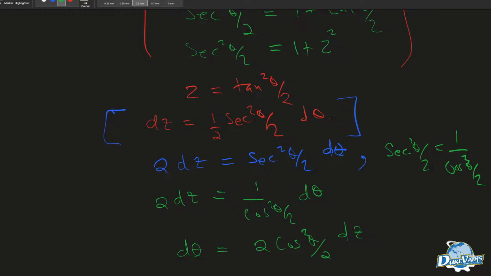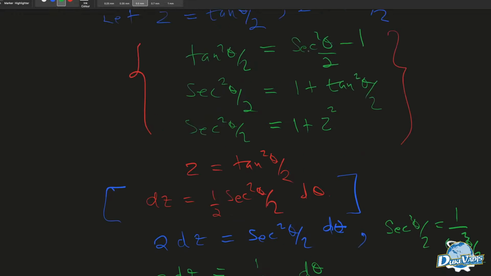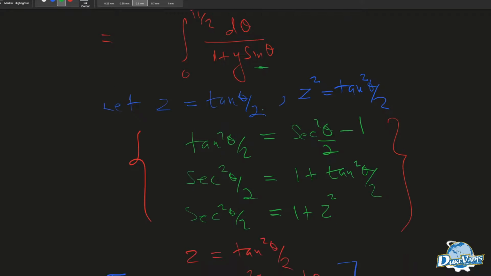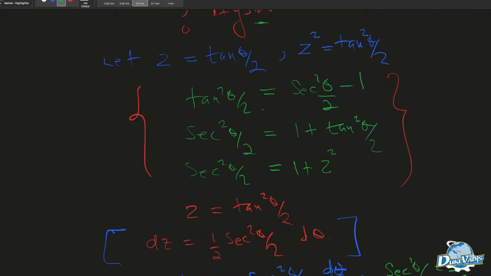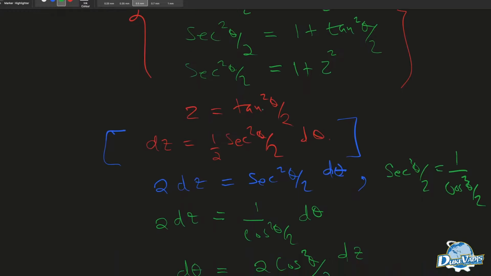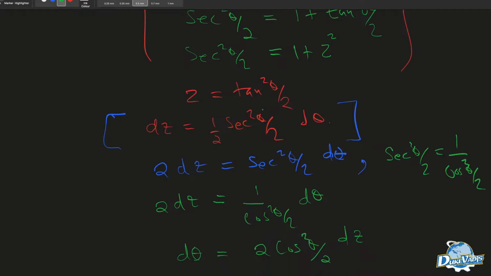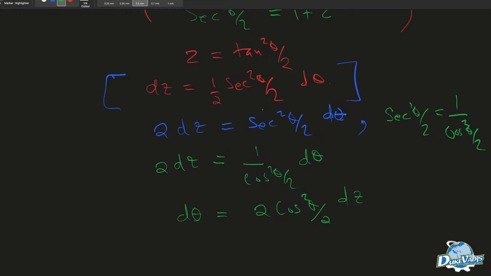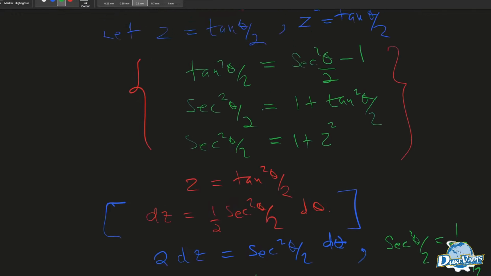But also bear in mind that in the equation, if we look at it very carefully, we have sine theta over here. So we have to find a certain substitution that will help us. So we say z equals tan squared theta, and when we differentiate, we have dz equals half sec squared theta d theta.